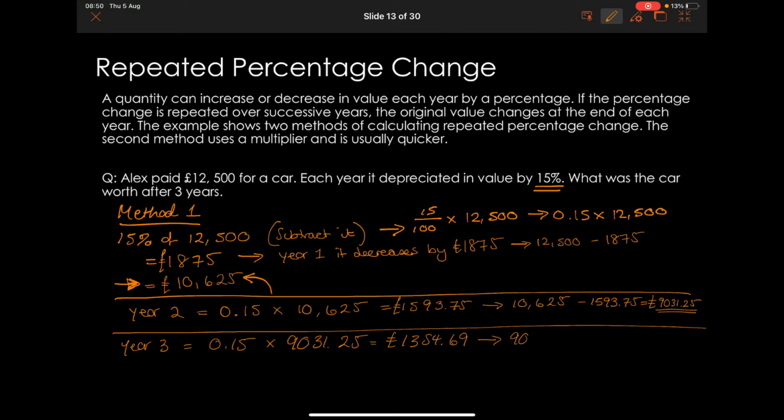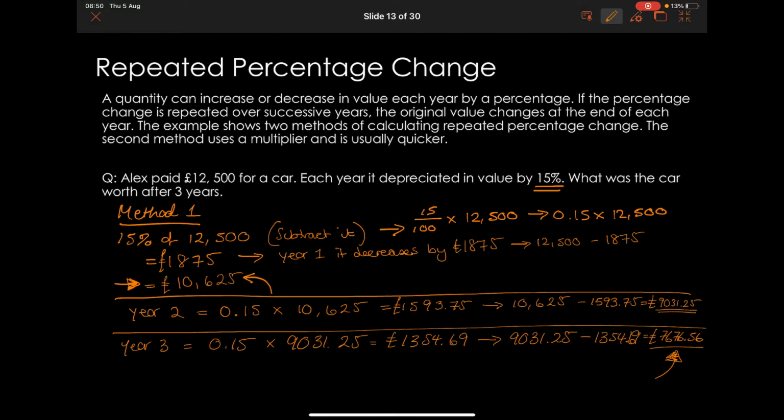If I then take that off of last year's amount, it gives me a total of £7,676.56. So after 3 years, this is what it's worth, because we've depreciated it 15% every year.